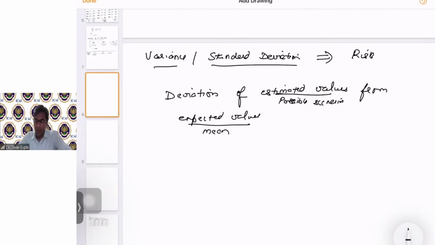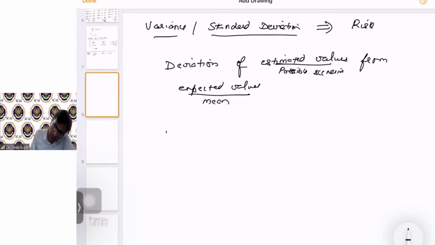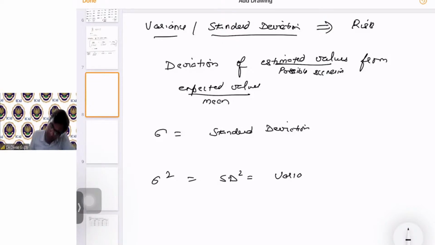So coming back to the variance and standard deviation discussion, we discussed this is this. Then this is actually denoted by this sign. Standard deviation is actually denoted by this sign, but the square of this is actually variance. Okay.